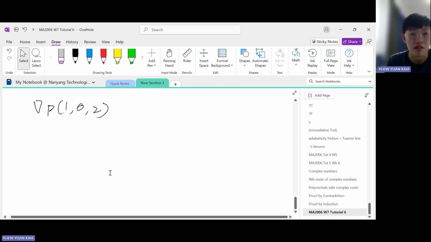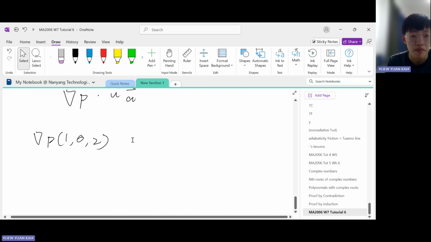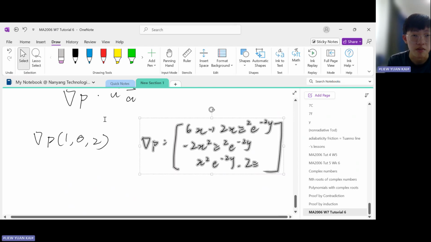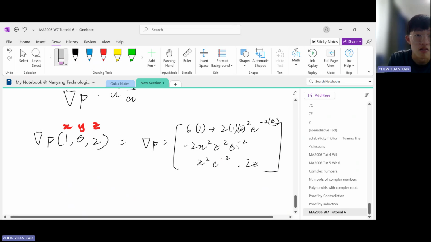So take the expression that you got and replace the coordinates with this point. We're going to replace x equals this, y equals this, z equals this. So that replacement gives 1, 1, times 1 times 2 times 0, 0, 0.